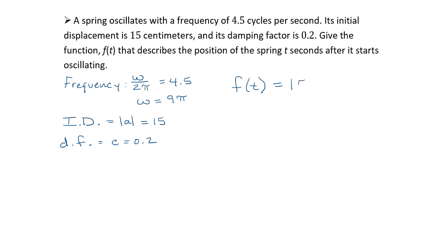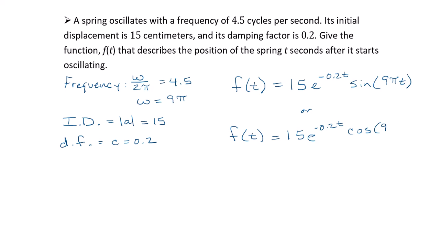Let's go ahead and write both of these out. The first one, if I'm using the sine function, would be 15e to the negative 0.2 t sine of 9 pi t. Or we could have the cosine function, 15e to the negative 0.2 t cosine of 9 pi t.